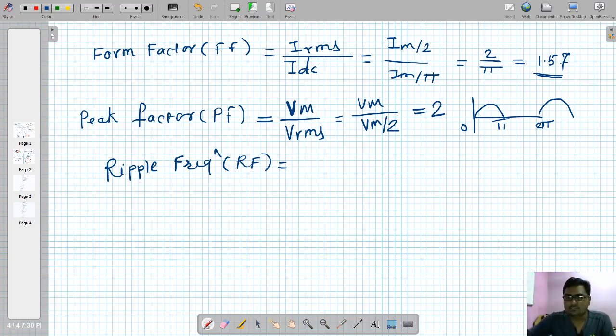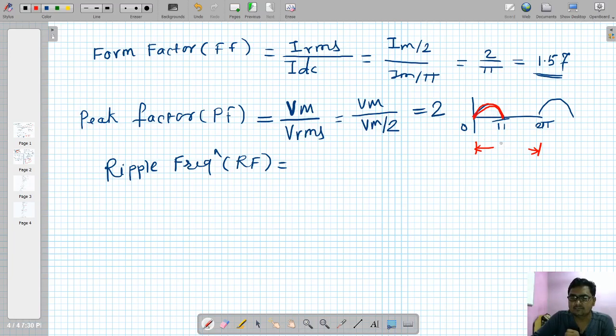Now look at this waveform. This waveform repeats itself after every period of 2 pi. The ripple frequency: obviously this curve, this shape, will repeat itself only once in a complete cycle.